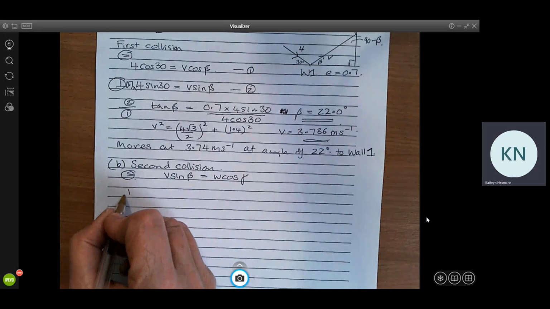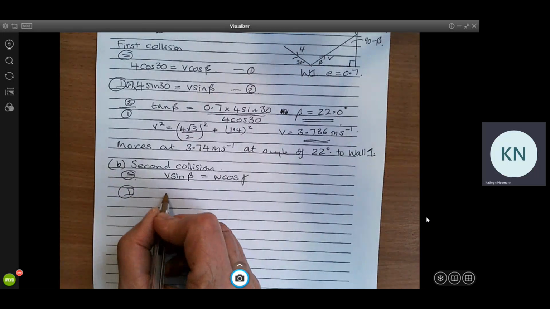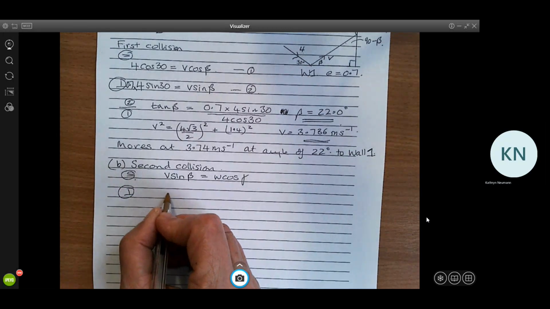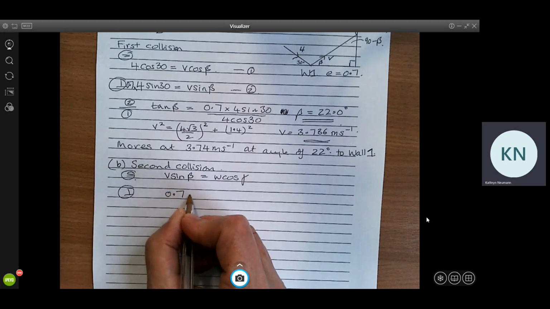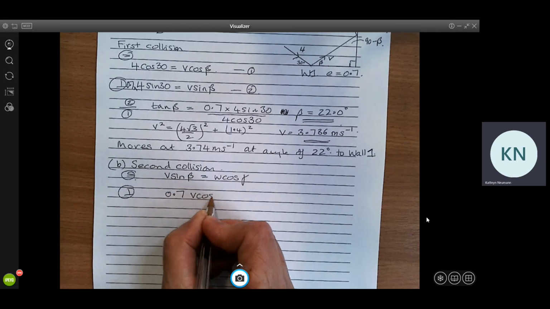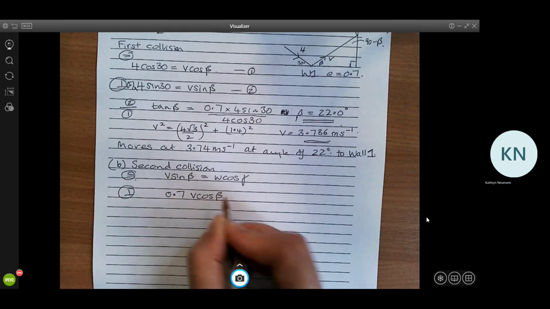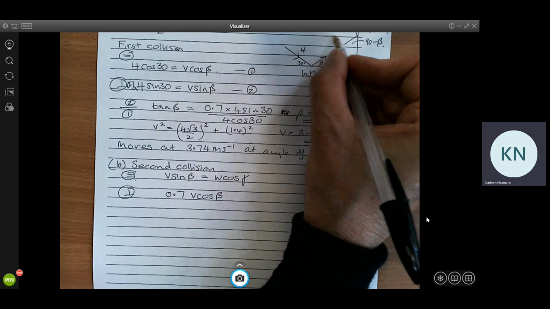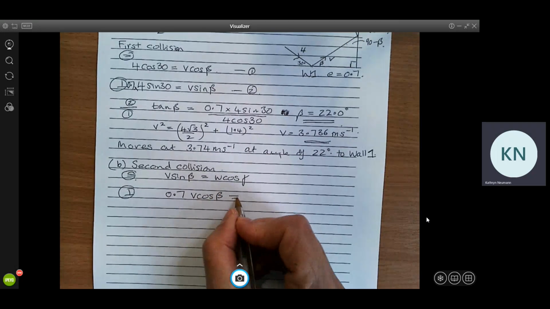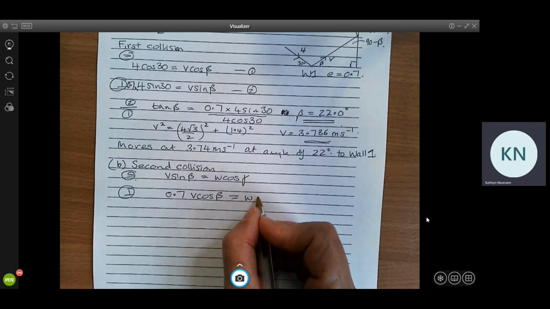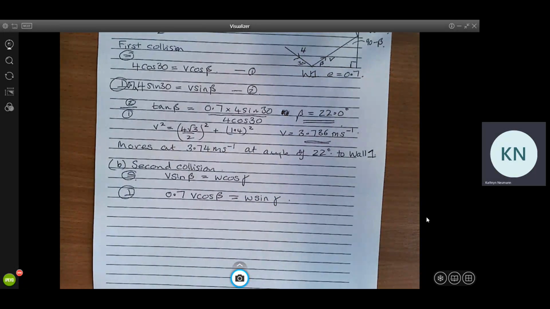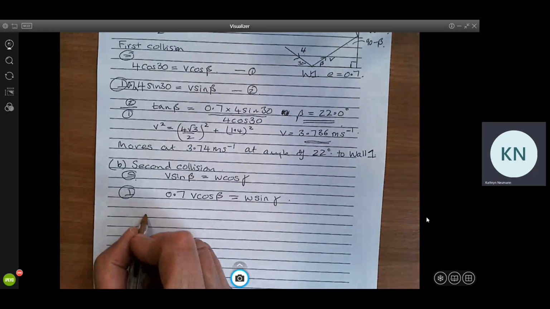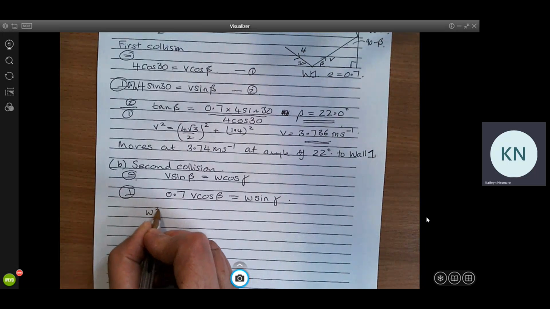And then perpendicular to the wall, we've got 0.7 multiplied by V cos beta, because we're looking at sine of 90 minus beta, is equal to W sine gamma. And working through these, we can work out what W squared is equal to.